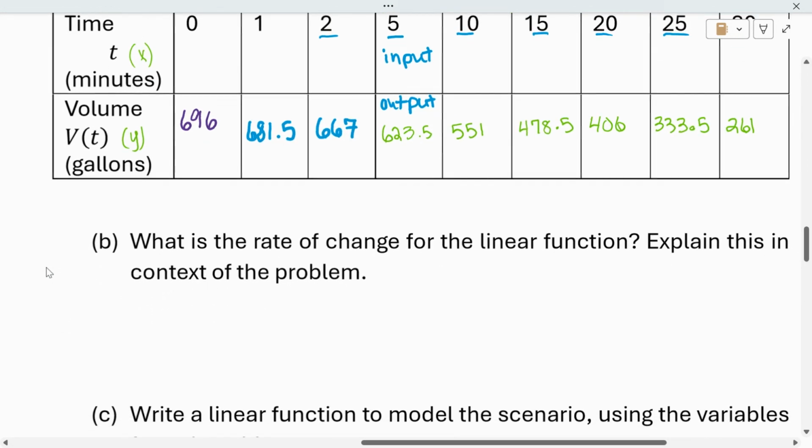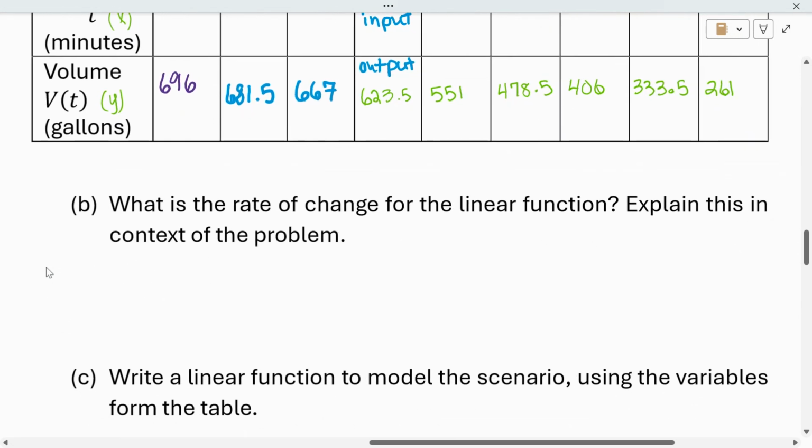Okay. So the question asks us, what is the rate of change for this linear function? Well, we know that rate of change, that's the same thing as slope. And our slope is negative 14.5. What does that mean in the context of the problem?